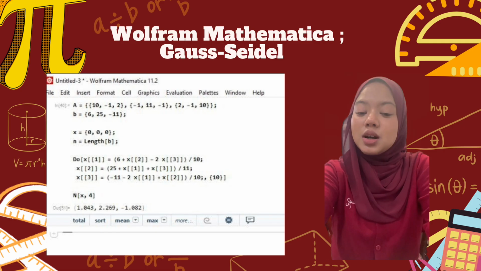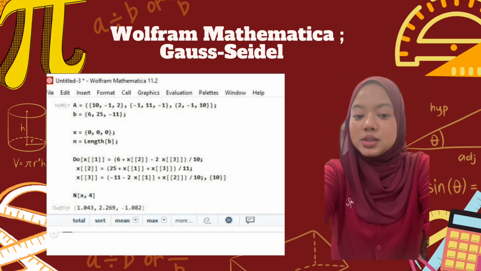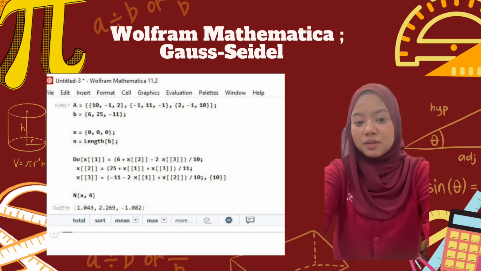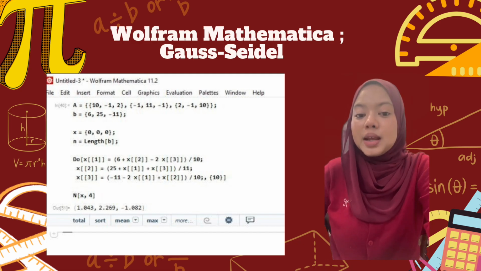Next, this is how we solve the equation by using the Gauss-Seidel method in Mathematica. So this is the code, and as we can see, the first input is the coefficient matrix A. The second input is the constant vector B, and then the initial guess is given by the vector X. And as we can see here, each variable is updated sequentially.